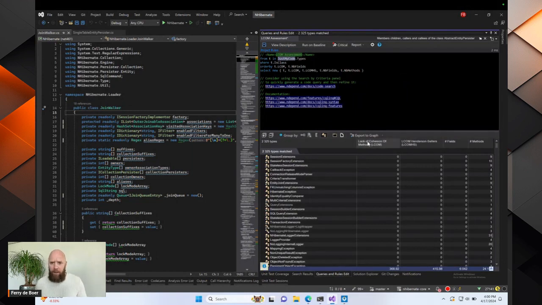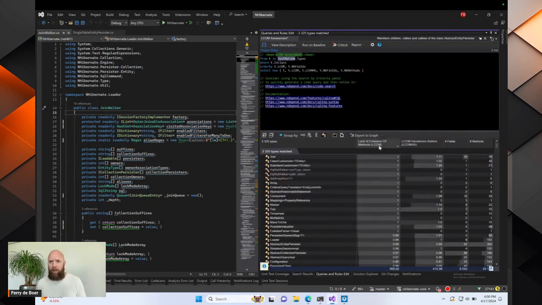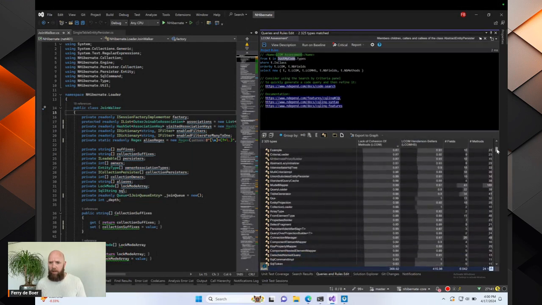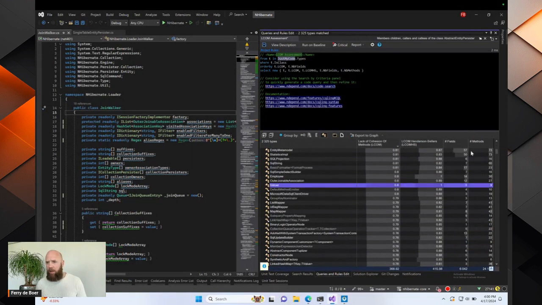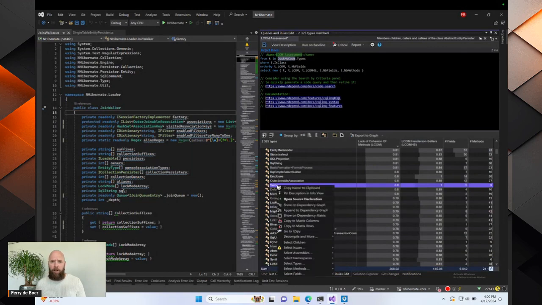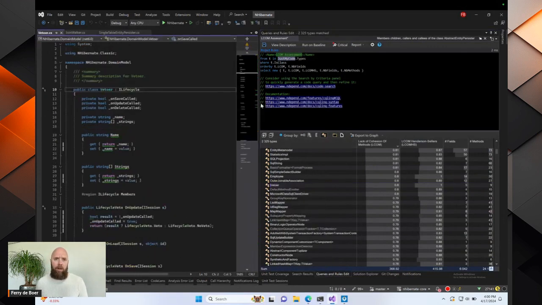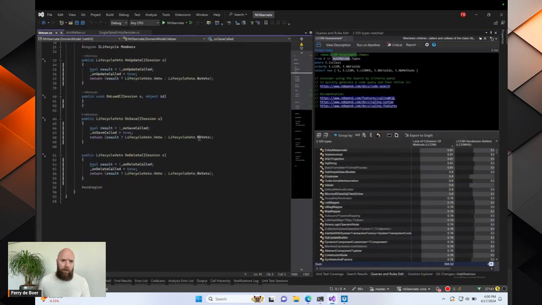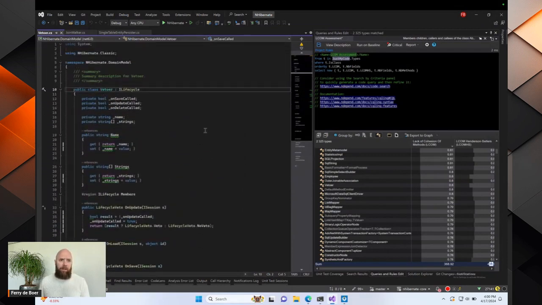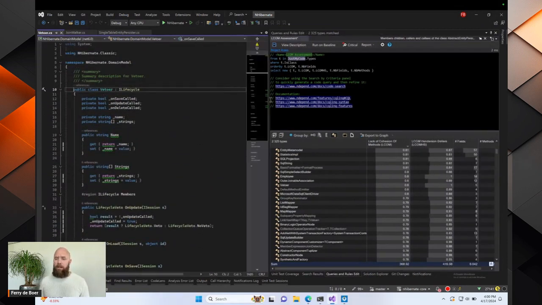So if we order by lack of cohesion of methods, and we just go over these, it would basically say, okay, this is probably not an issue. Look, if we just open up the code, see, it's not a big class. So that's their way of filtering out potential false positives.